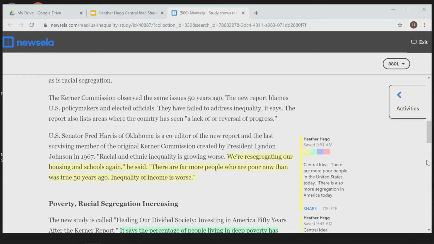So there's my central idea. That's what the author wanted me to learn. He wants me to understand that there are more poor people in the United States today. There is also more segregation in America today.